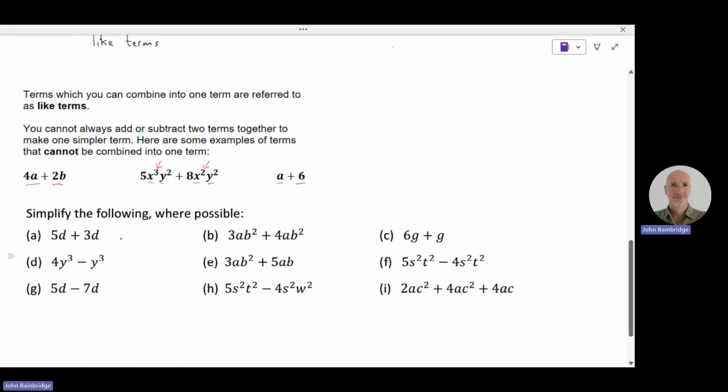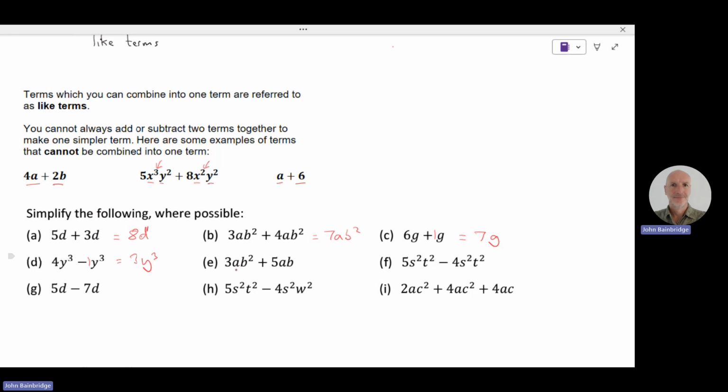So 5d plus 3d, that's 8d. 3ab squared plus 4ab squared. They're like terms, so that's 7ab squared. 6g plus g is 7g. 4y cubed minus y cubed is 3y cubed. 3ab squared plus 5ab.